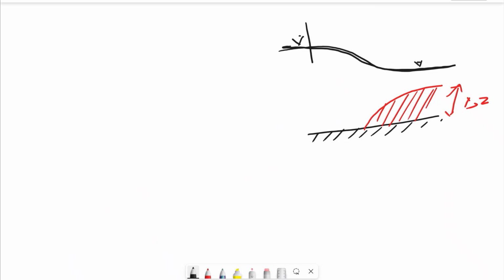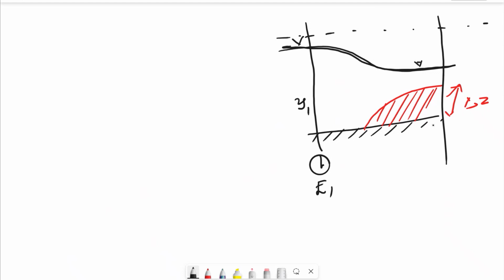This is the initial depth Y1 at section 1, where energy at every point is the same. Suppose I take section 2 here. E2 is equal to E1 minus delta Z. That is the first thing.